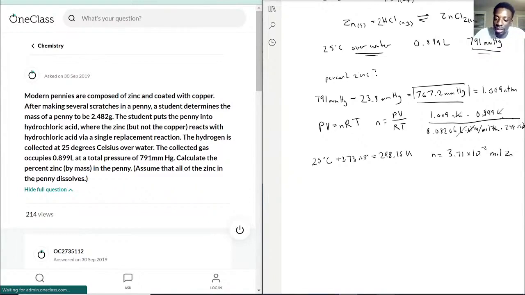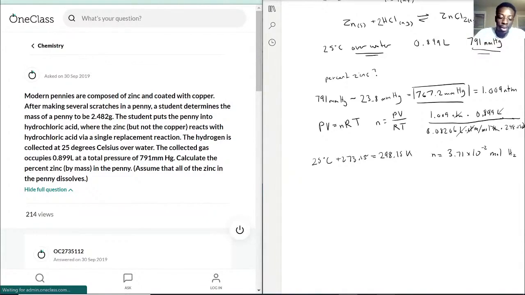That's how much zinc was produced based on that equation. Okay, no, whoops, sorry, I think I skipped ahead. 3.71 times 10 to the negative 2 moles of hydrogen gas. There we go. Okay, that should be it.